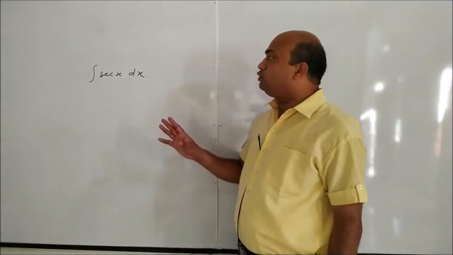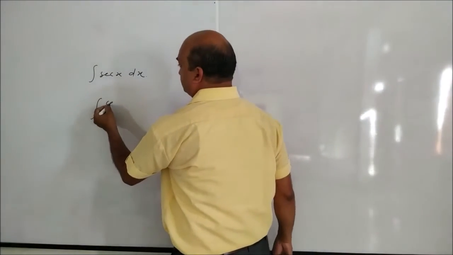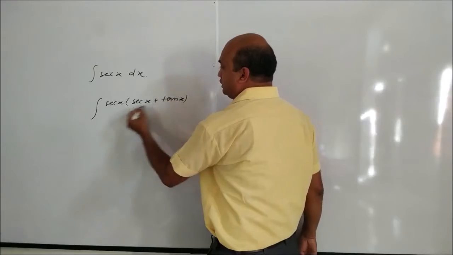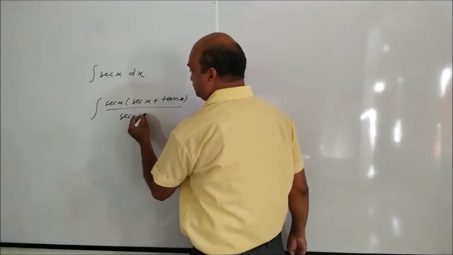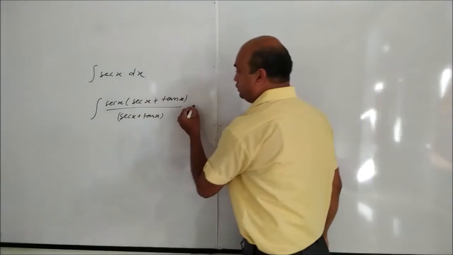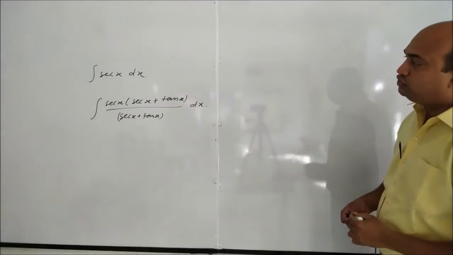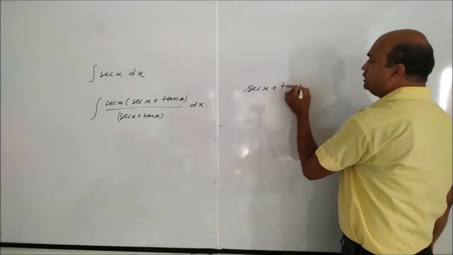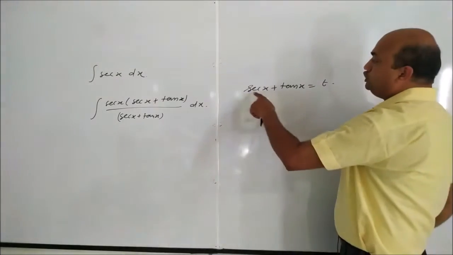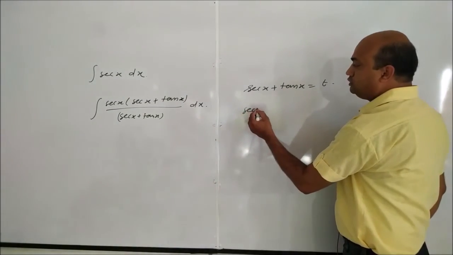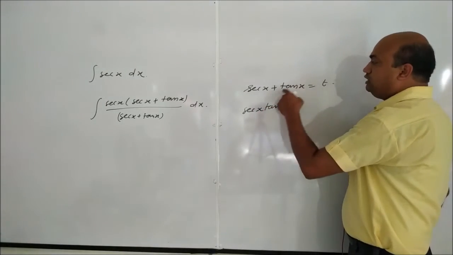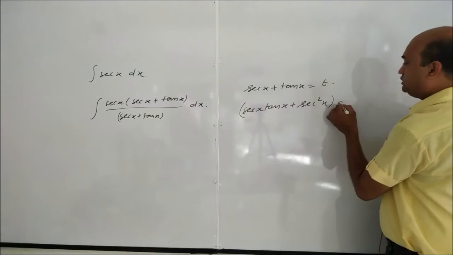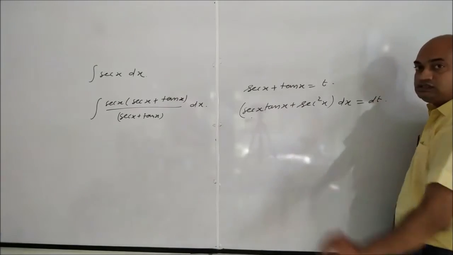Integration sec x. If we want to integrate sec x, we multiply and divide by sec x plus tan x. Now the denominator sec x plus tan x we put as t. Differentiation of sec x is sec x tan x and differentiation of tan x is sec square x. Differentiation of x is dx and differentiation of t is dt.